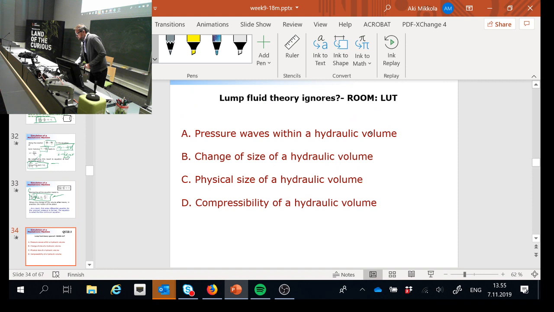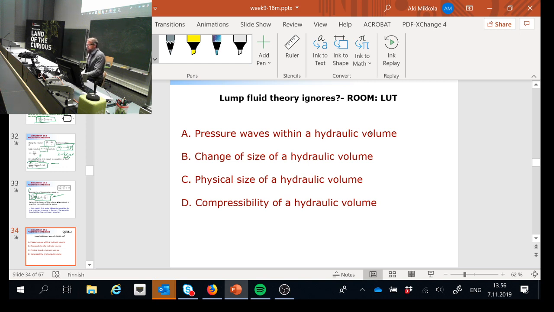Now, my in-class quiz, the final one, is this. Lumped fluid theory ignores, not accounting, pressure waves. What? This is called teaching. Or cheating, I don't know what it is called.